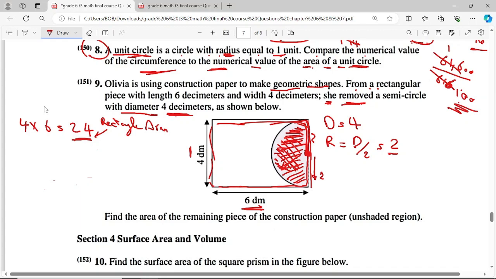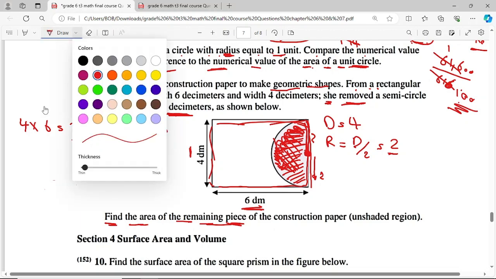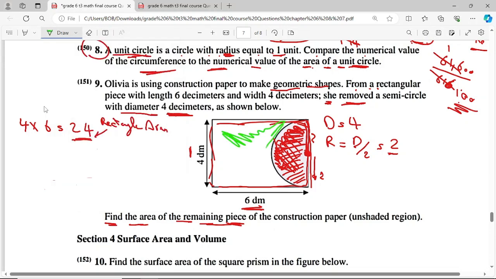Now find the area of the remaining piece, the piece that remains after she removed this semicircle. She wants to get the area of this remaining piece.